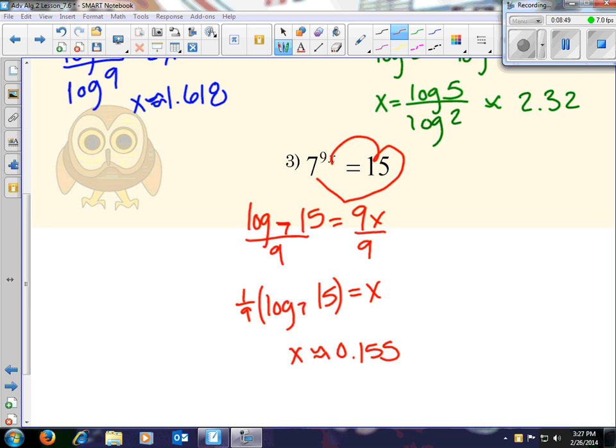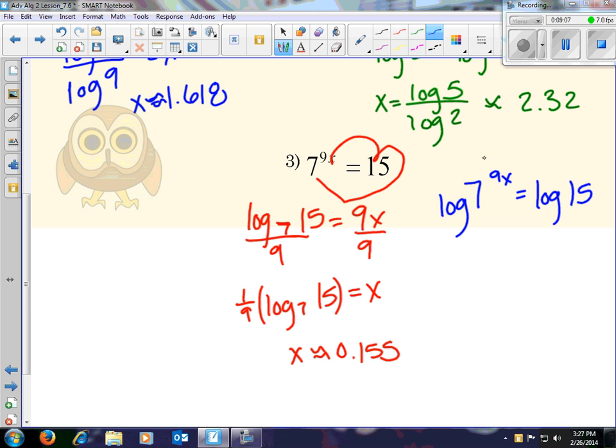Okay, now to end this video, if you liked the other way better, I'm going to show you how to do the other way. So what I needed to do first, the other way, is take the log of both sides. So I have log of 7 to the 9x is equal to log of 15. Now I take my 9x to the front, so I have 9x times log of 7 equals log of 15.